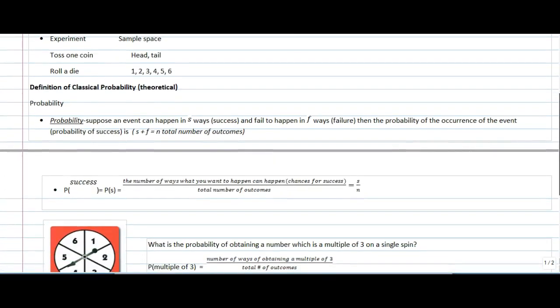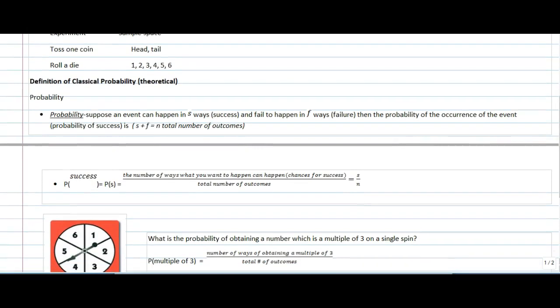So the next thing we're going to do is define classical probability. And what we're defining is the probability of the successful occurrence of an event.